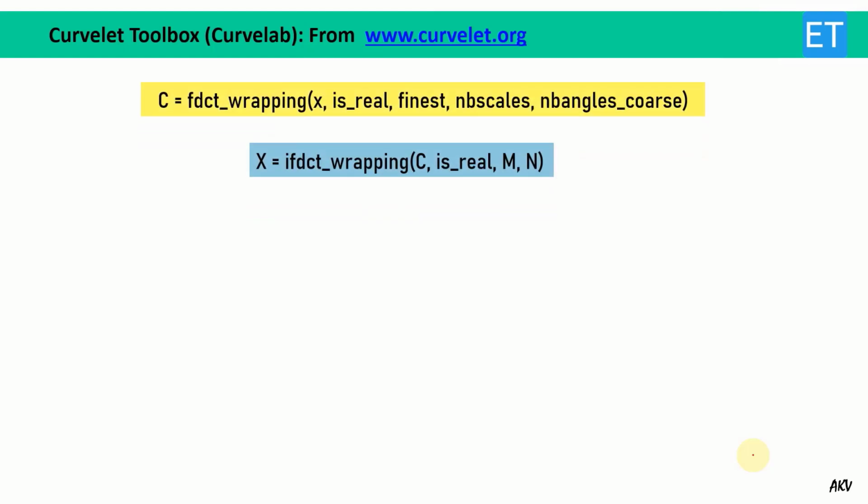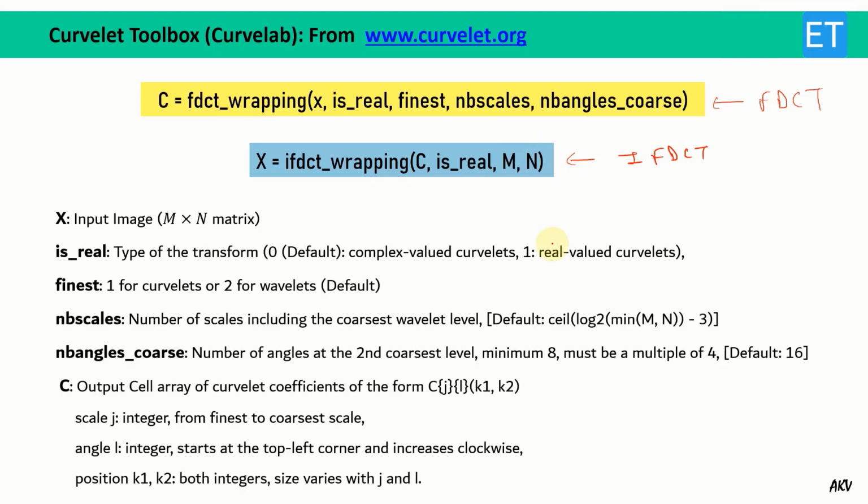Now let's see these two functions from that Curvelab toolbox. This one is for FDCT, that means fast discrete Curvelet transform, and this is for the inverse Curvelet transform. Now let's see what parameters are passed in this function.